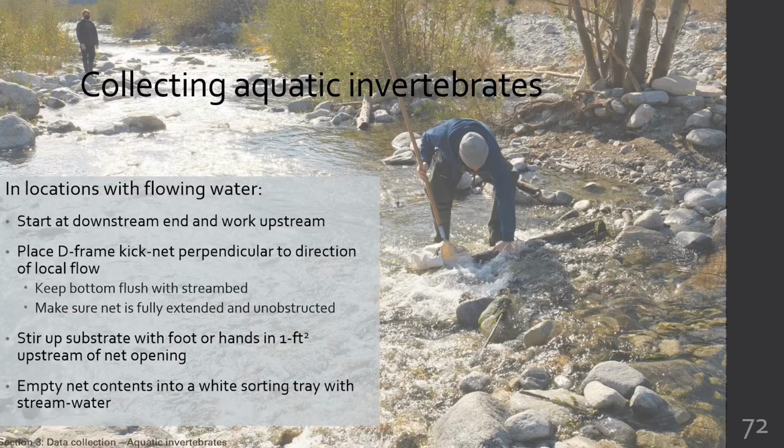Then spend maybe 30 seconds to a minute disrupting the square foot of stream bed upstream of the opening of the net. You then take the contents of that net and empty it into a sorting tray, so you can go out and collect more without risking loss of any organisms already caught in your net.